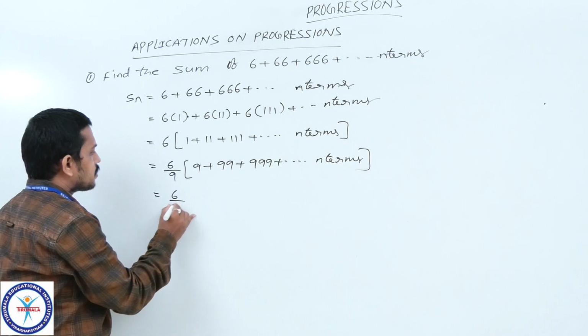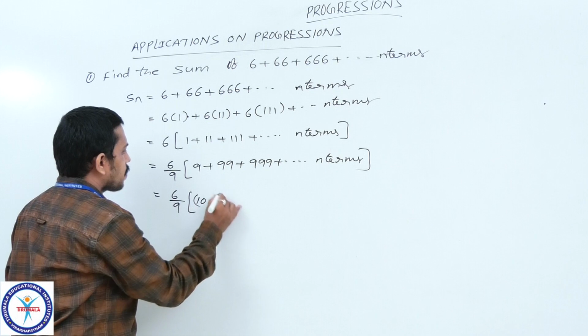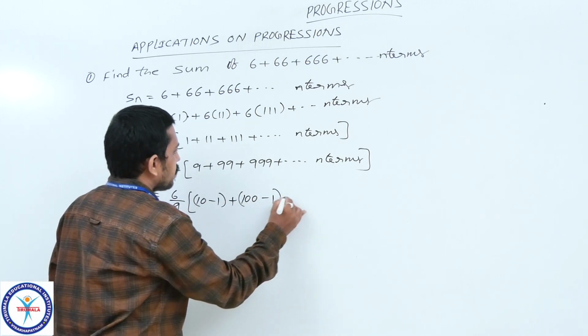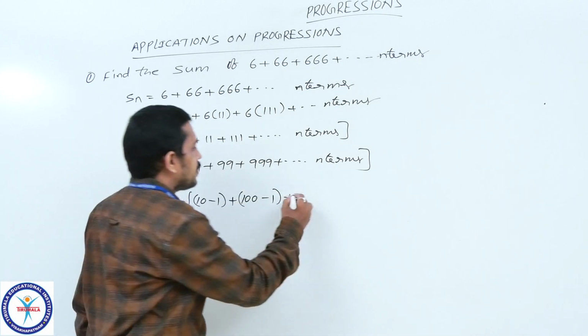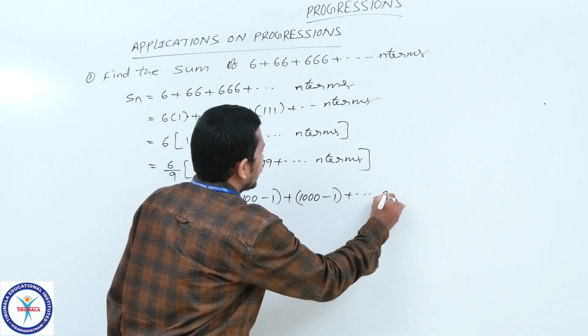Then this is equal to 6 by 9 into, we can write 9 as 10 minus 1, plus 99 as 100 minus 1, plus 999 as 1000 minus 1, plus and so on up to n terms.